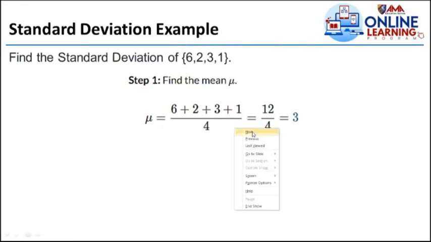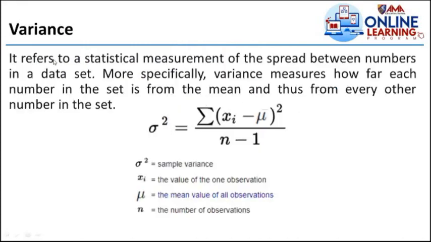Okay? Next, variance. It refers to a statistical measurement of the spread between numbers in a data set. More specifically, variance measures how far each number in the set is from the mean and thus from every other number in the set.